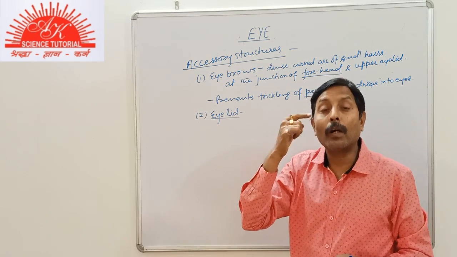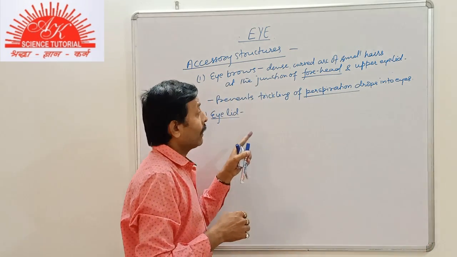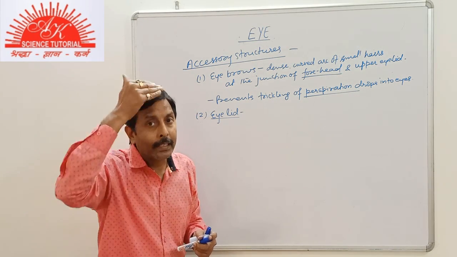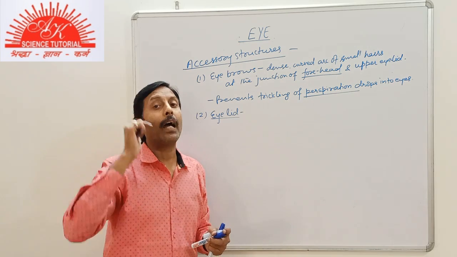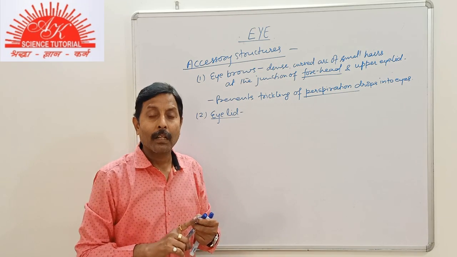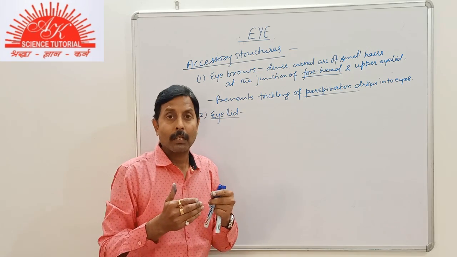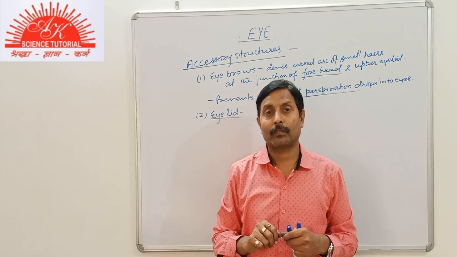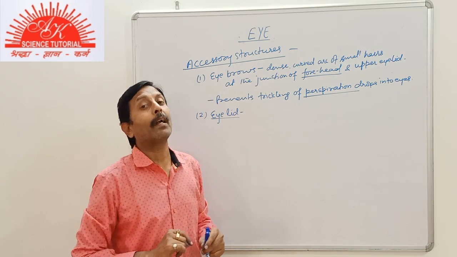The upper and lower eyelids perform some functions, like by blinking it spreads tears on the front of the eyeball and cleans its surface. Second, it also regulates the exposure period, that is the time for which light is allowed to enter into the eyes. It behaves like the shutter of a camera.